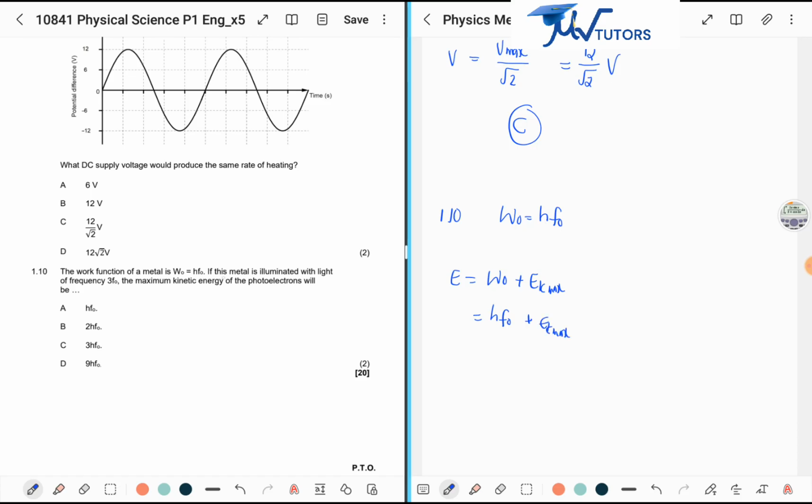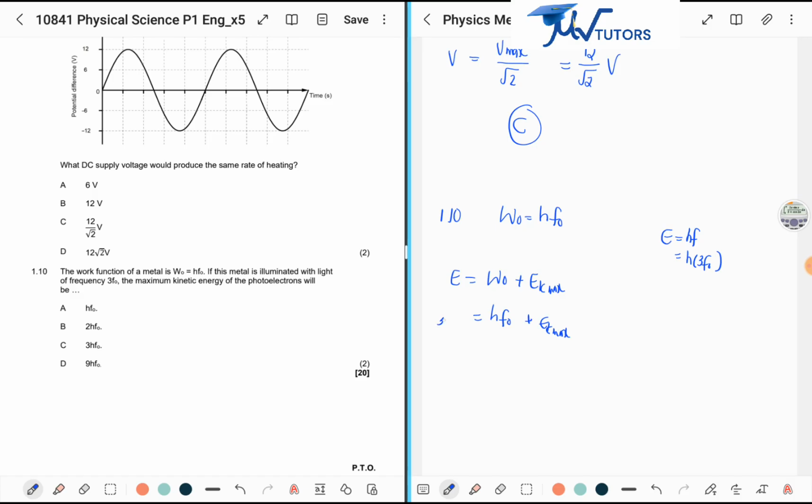So now it says if this metal is illuminated with light of frequency 3 times f0. So remember, E is equal to h times f, and they told us that the frequency is 3 times the threshold frequency.